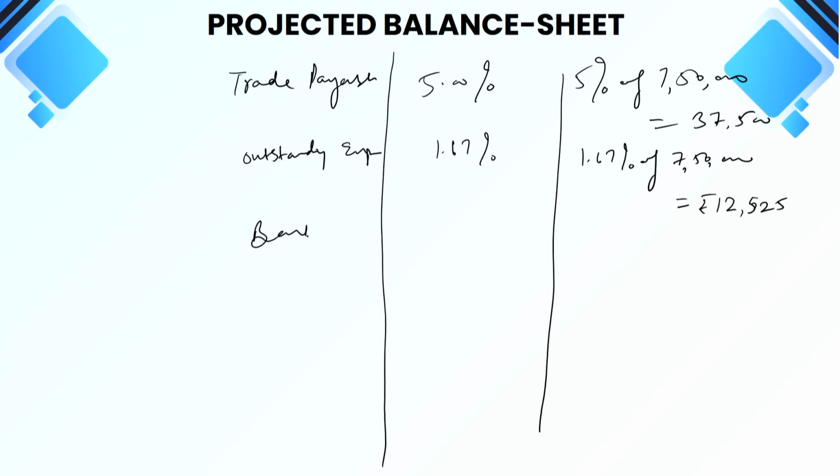Then we have bank overdraft, 2.5% of 7,50,000. It comes to 18,750. So you can use this as a first step.